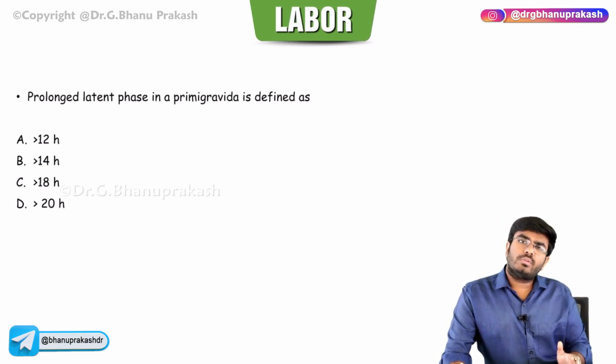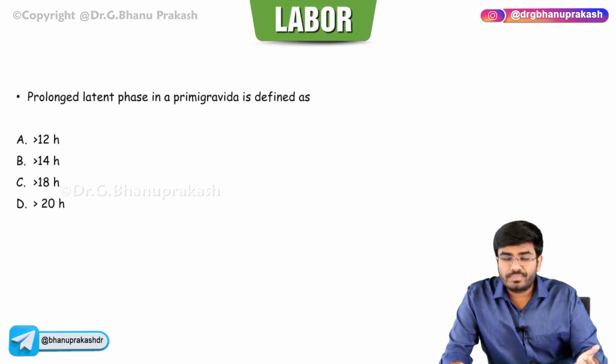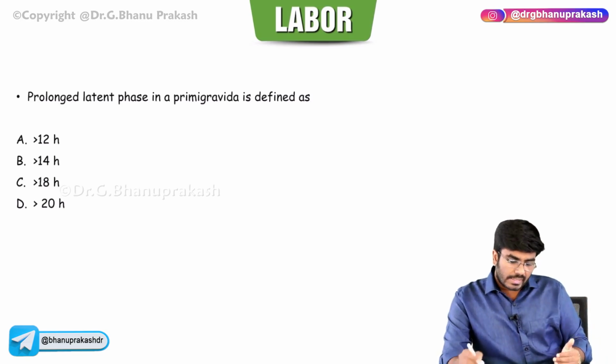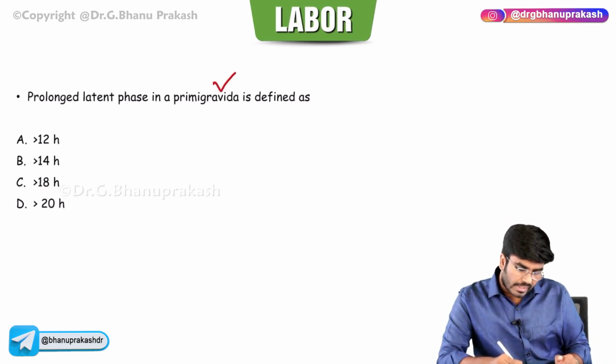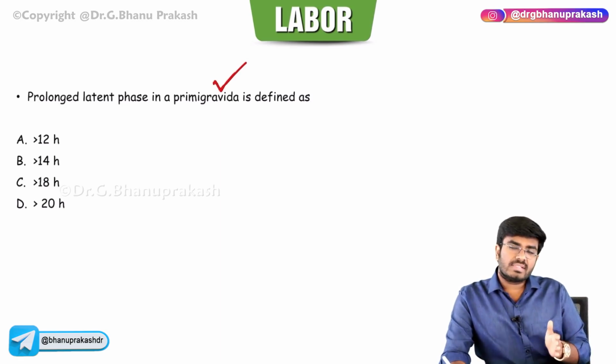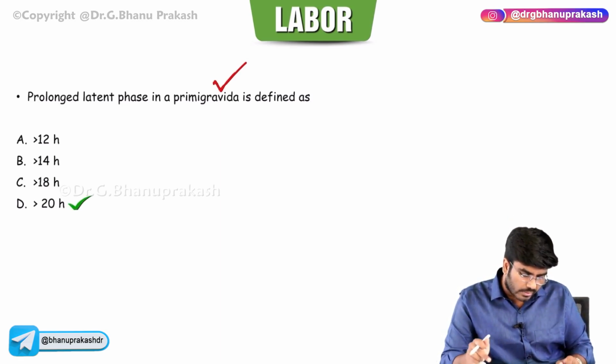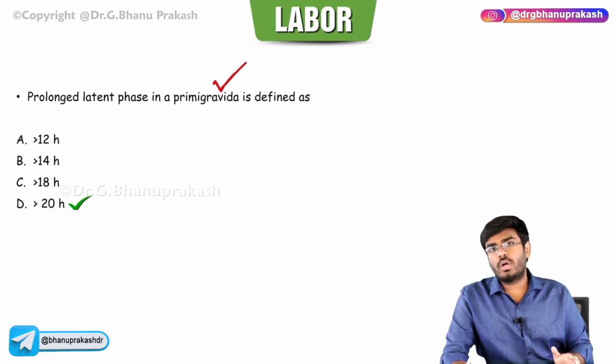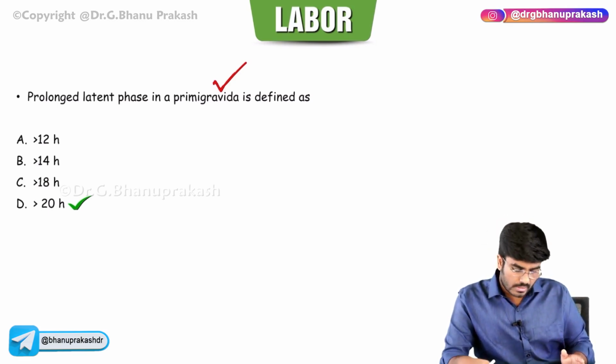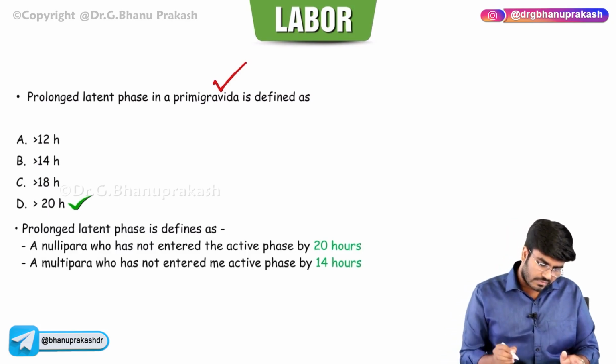Now, when are we going to say that the latent phase is prolonged? According to the definition, in a primigravida woman, if the latent phase is taking more than 20 hours, then we are going to call the latent phase prolonged. Now, please concentrate on the definition, very, very important.